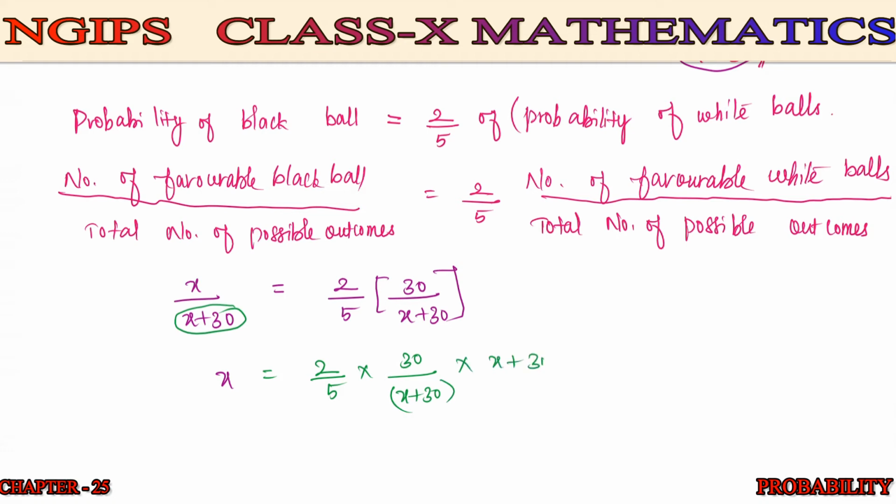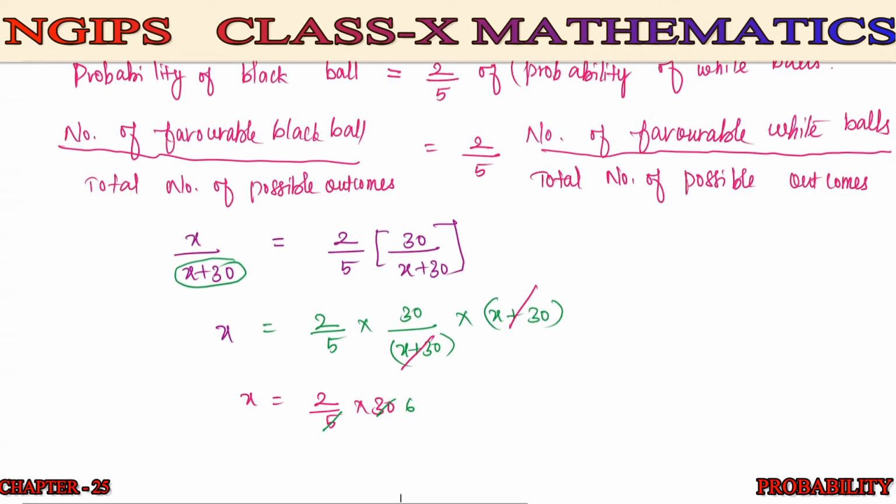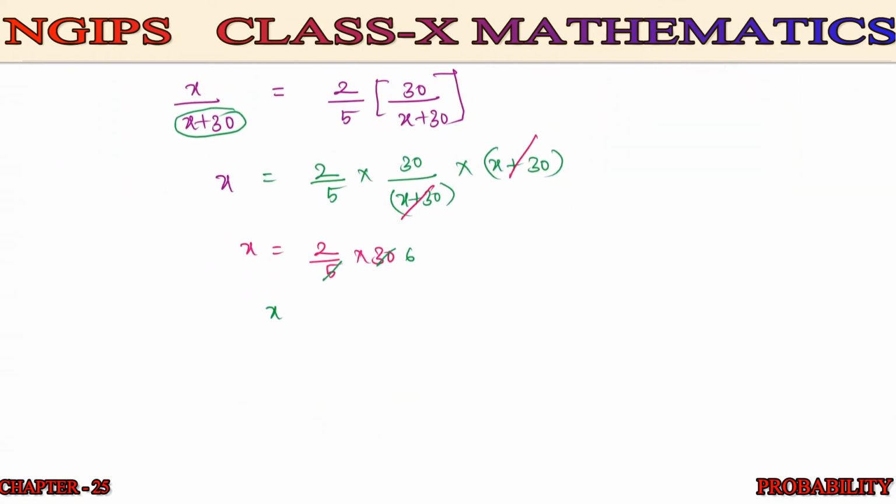This complete term gets cancelled, and left over here is x equal to 2/5 into 30. Further simplifying, 1 5 is 5, 6 5s are 30. Finally x is equal to 6 2s are 12. So we got x is equal to 12.